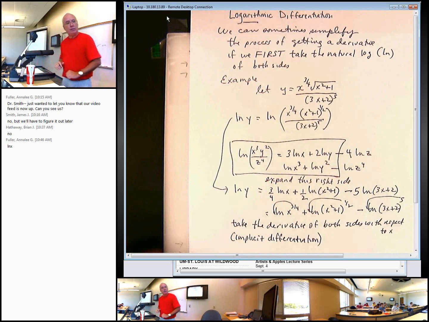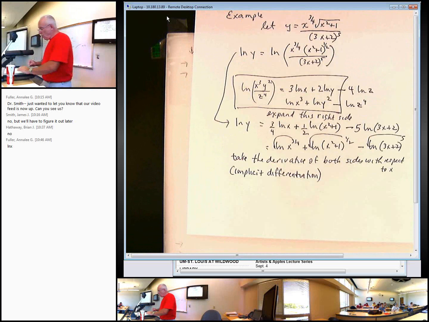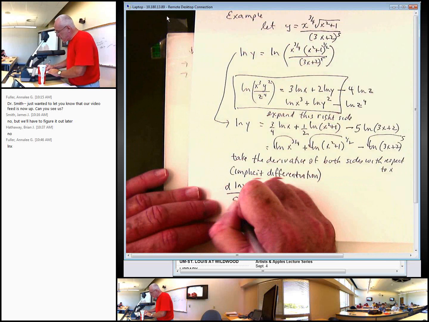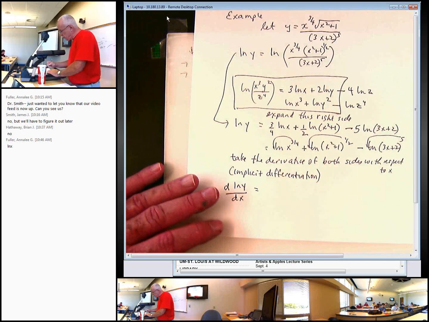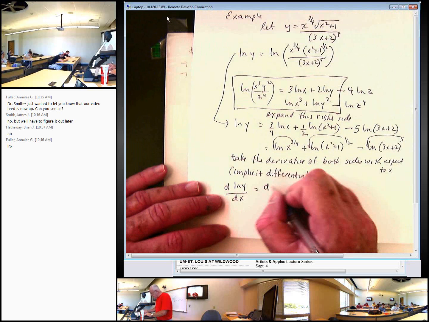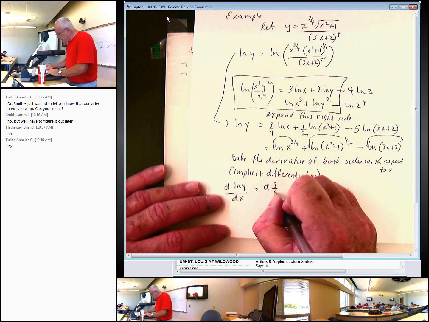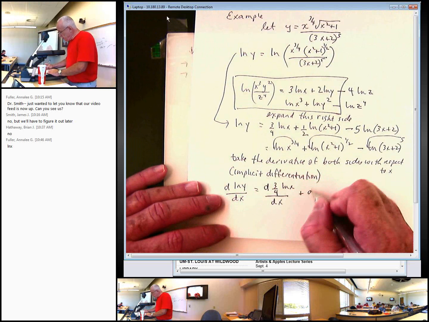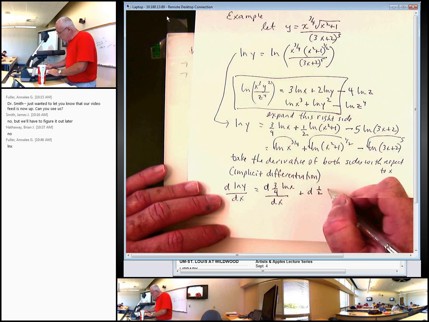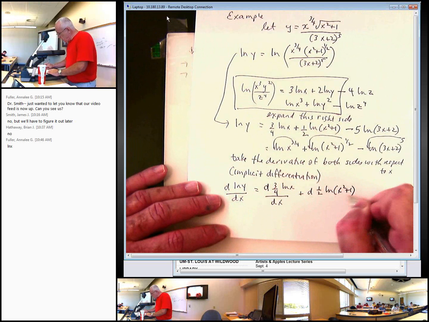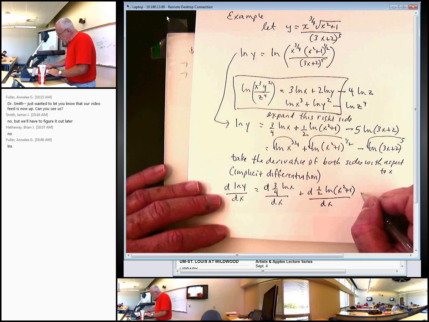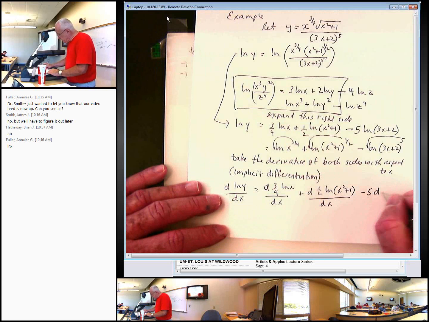So let's do this here now. Let's go up here, getting a little far down on that. Okay, so we have the derivative of the natural log of y with respect to x, and let's just do individual terms, we're going to have equals the derivative of 3/4 times the natural log of x, that's the first term, plus the derivative of 1/2 times the natural log of x squared plus 1 with respect to x, that's the middle term, minus 5 times the derivative of the natural log of 3x plus 2.